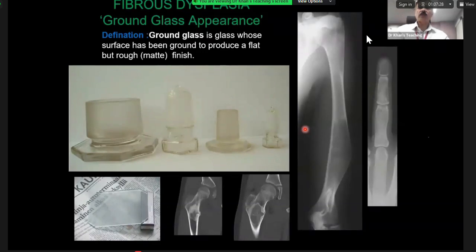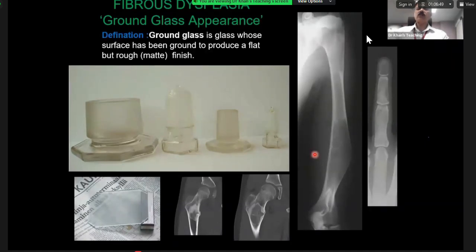Now, pathologically speaking, if you know the pathology, you can make the radiology. Basically, what is happening in fibrous dysplasia is that there is fibrous tissue as well as cysts within the medullary cavity. Some of these cysts have got blood and some might not have blood. Irrelevant, because this fibrous tissue starts ossifying to various degrees.